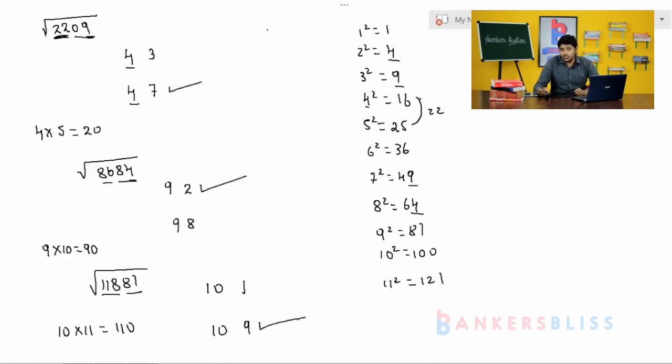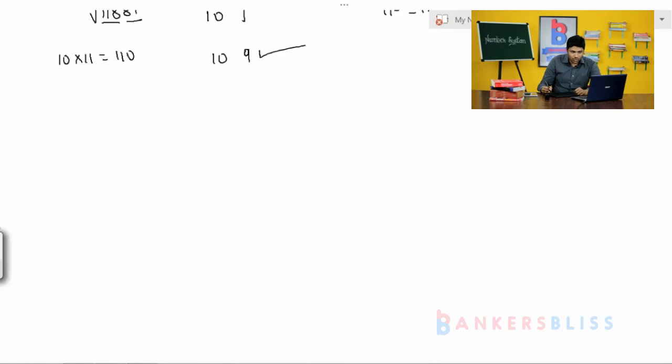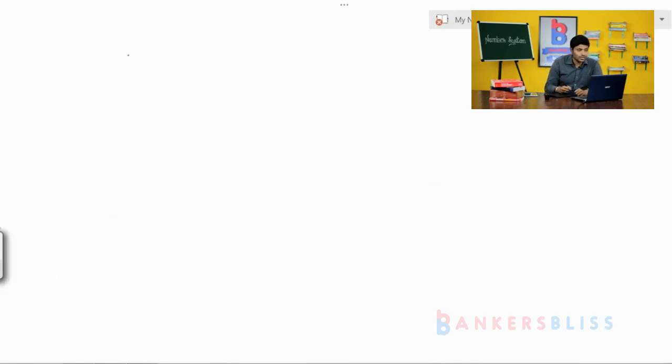Let me tell you how to calculate the square root for a non-perfect square number. You may have a number like 54. You have to calculate the square root of 54.